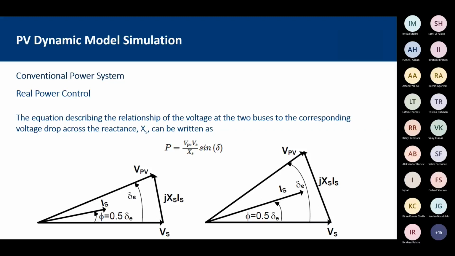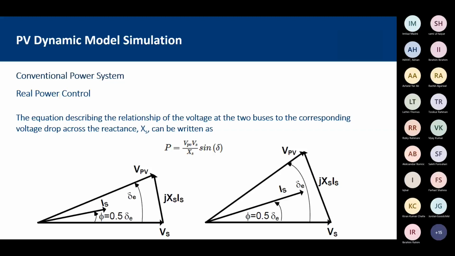So it is for this PV simplified equivalent circuit. All reactive power which is spent in the reactance, if it is supplied by bus 1, then obviously VPV has to be greater than VS, so that reactive power can flow from bus 1 to bus 2.